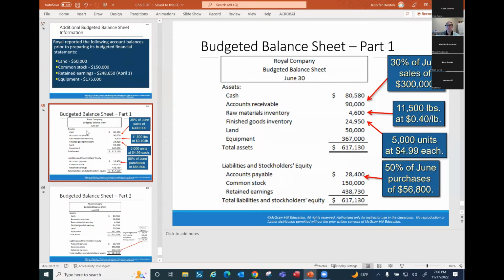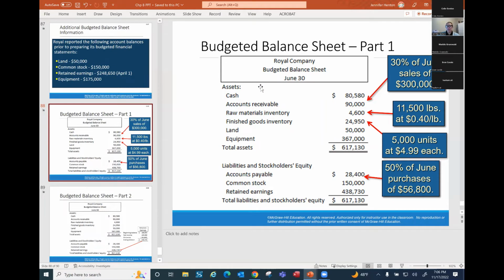Okay, so remember the balance sheet has our assets, our liabilities, and our owner's equity. And the total assets should equal what? Liabilities plus equity. That's that accounting formula. So this total asset number should equal the total liabilities plus equity number.